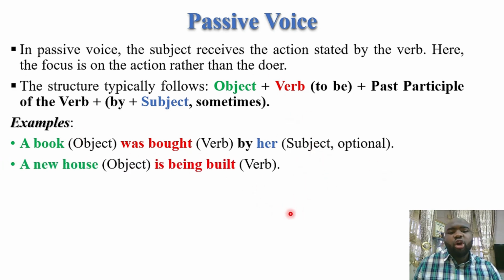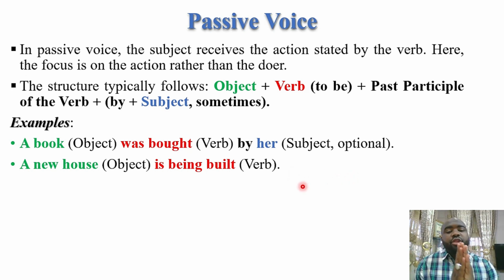Now, here we said optional, and here we said sometimes. In our active voice example, we have they are building a new house. So this same example is here: a new house is being built. Here we have sometimes optional subject. So if we want, we can add by. We can also add them. Since we said they are, here it will be by them.